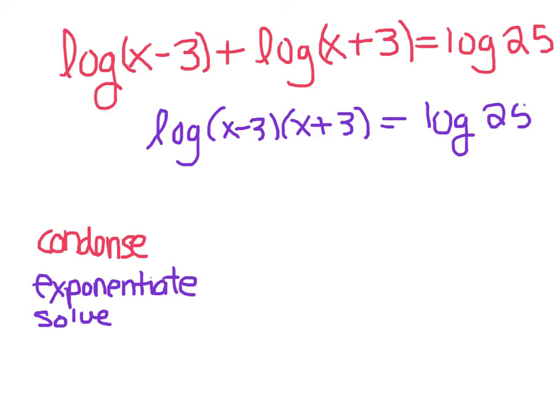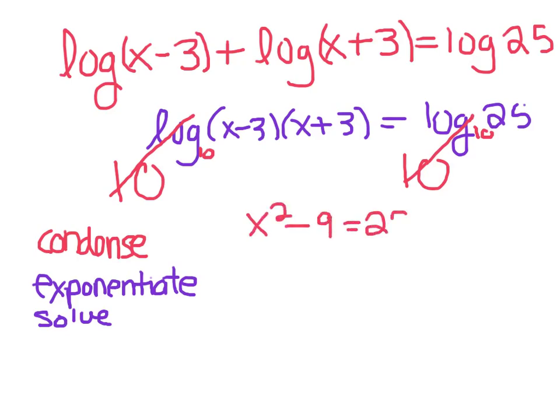And then you would do what's called exponentiating. And since these are both logs with a base of 10, you can exponentiate them by taking them both to the 10th power. And then what happens is the exponentiation and the logs cancel, and you get x squared minus 9 equals 25.